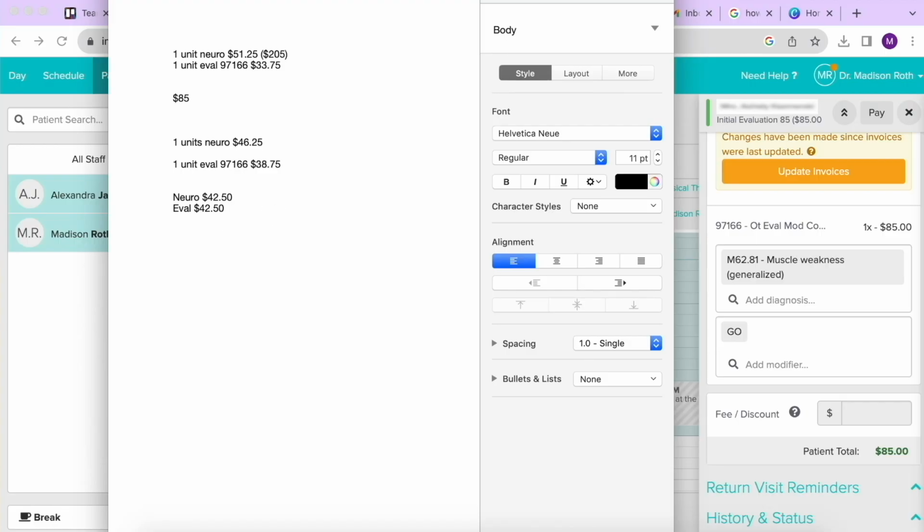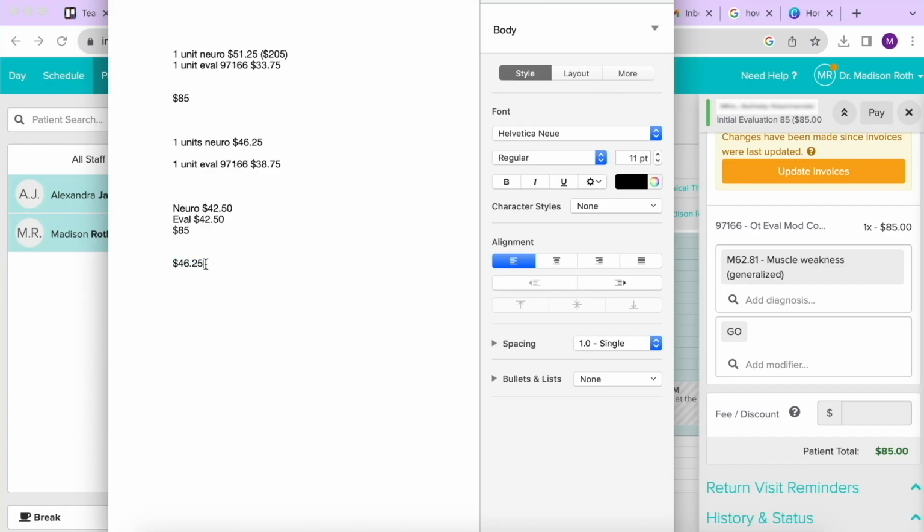Yes, that does equal 85, but then say your next session you do 4 units of neuro with that patient. It's not going to be 42.5 for all of your neuro units. It's going to be what the treatment costs. If this person's treatment costs 185, divided by 4, it's 46.25. The insurance doesn't want to see why you billed 42 on the eval and then 46 on the treatment.